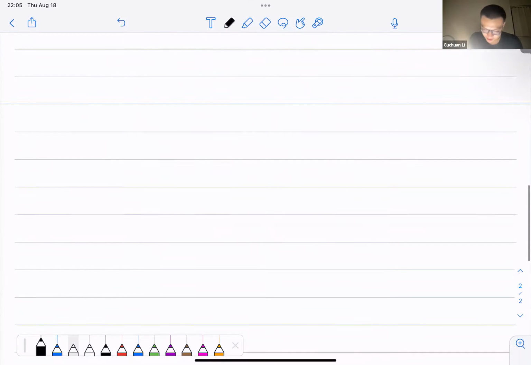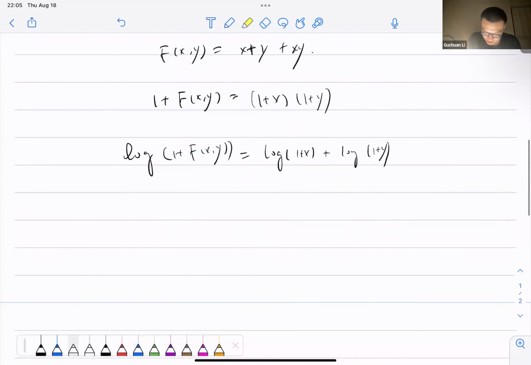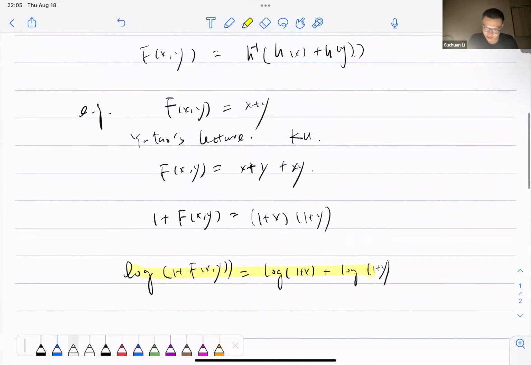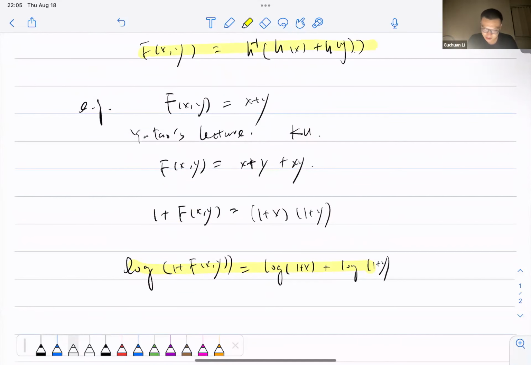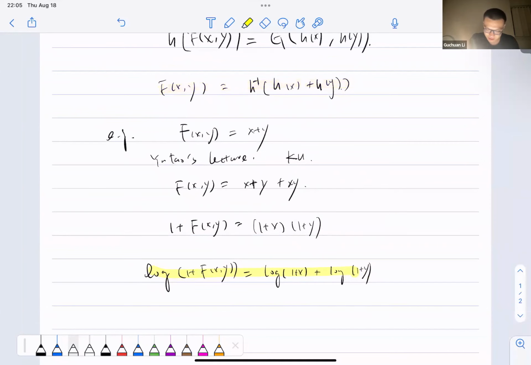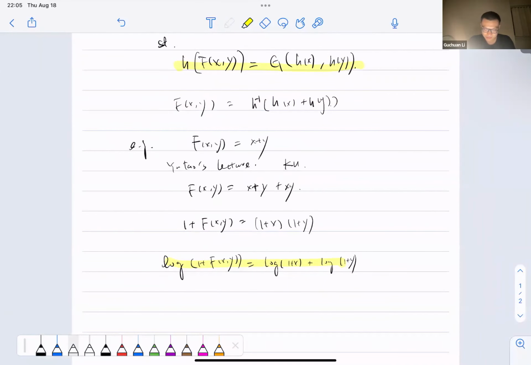So this formula looks very much like the one above. So this logarithm gives a map from the multiplicative one to the additive one, which is expected.